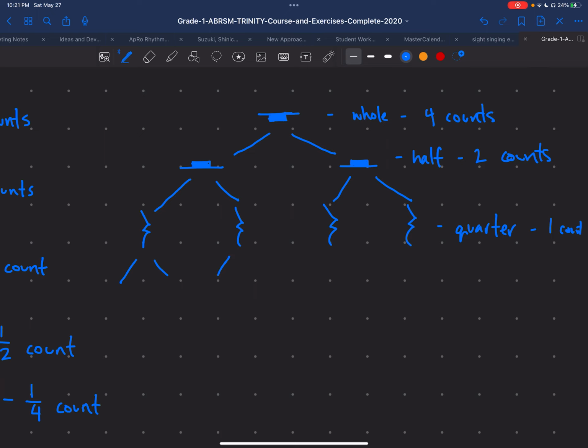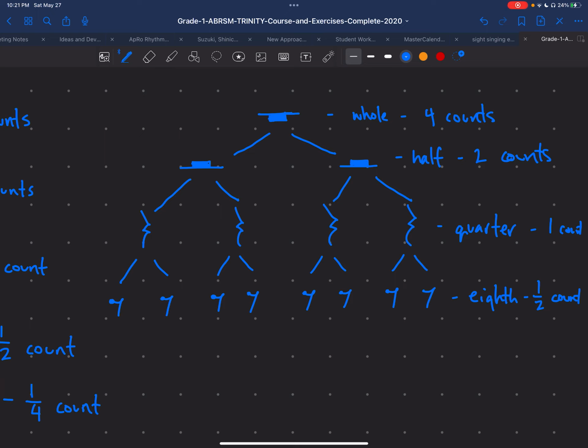We can divide those in half again. And now we see the eighth rest. An eighth rest is like the number 7, kind of has a little bit of a ball on the end. Then an eighth rest gets half a count each, just like the eighth note.